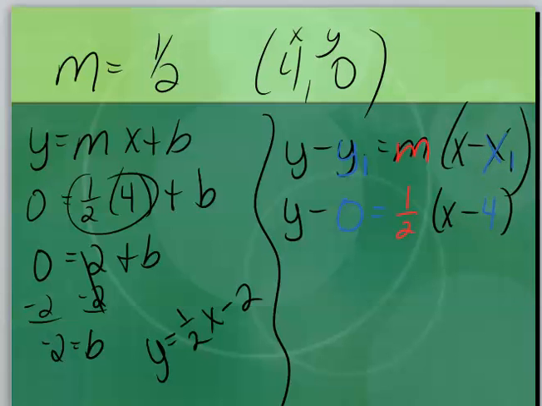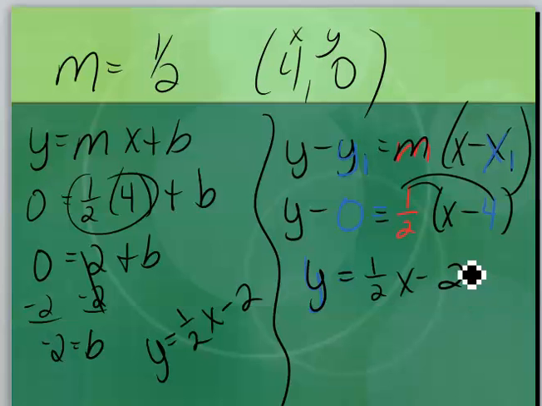So that's 4. Y minus 0 is just y, so you can actually drop the 0. And we're going to distribute on the other side. We'll have 1/2 x minus half of 4 is 2, and we do arrive at the same answer. All of your equations for lines need to be left in slope-intercept form, y equals mx plus b.